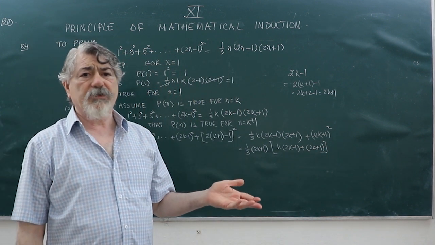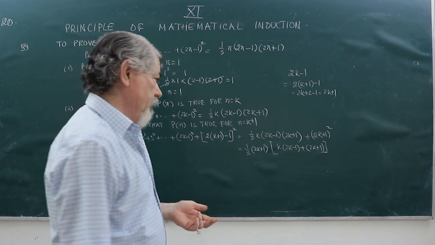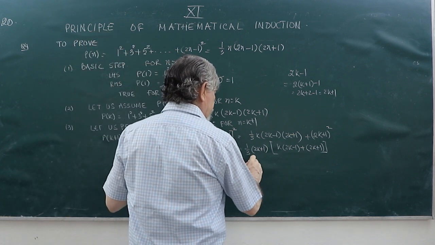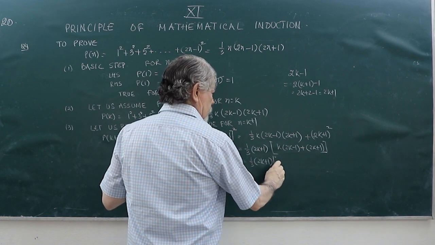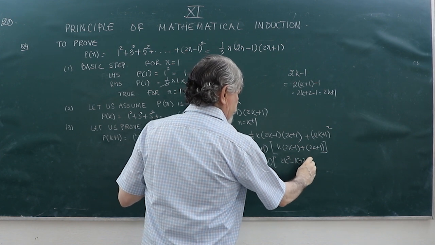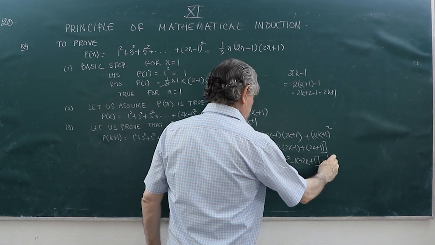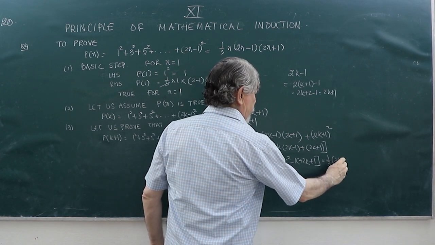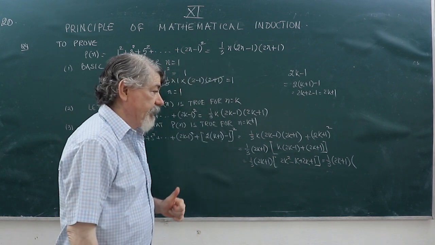Probably we'll get a trinomial and we'll solve the trinomial. We'll factor this out: 2k squared minus k plus 6k plus 3, so it becomes 2k squared plus 5k plus 3.